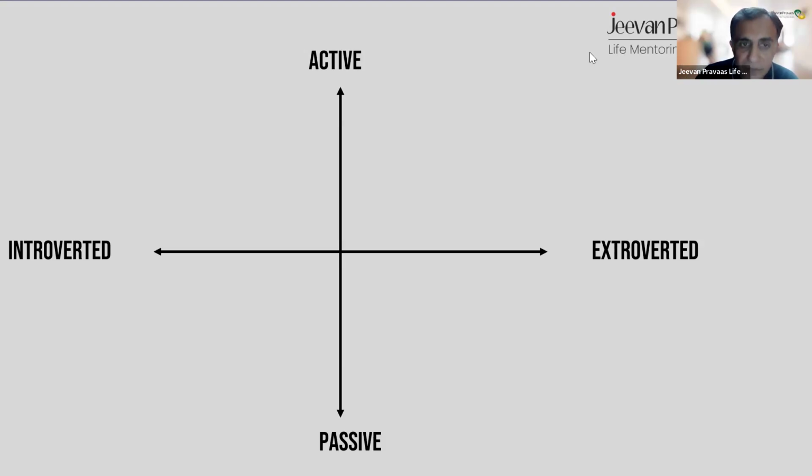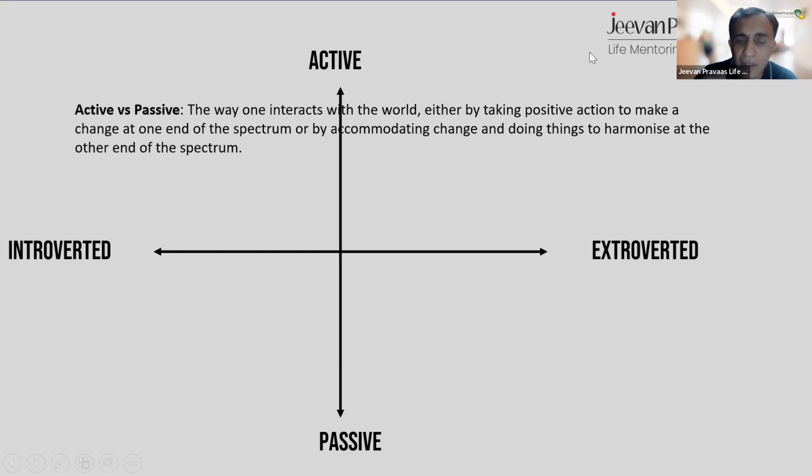Active-passive is the way one interacts with the world. Either a person is taking very positive action to make change. Okay, so you'll see somebody who takes initiative and wants to make a change, and is always in the forefront, going in front and doing it. On the other hand, somebody is easygoing and says, let things happen when they happen, and I will handle it when it comes.